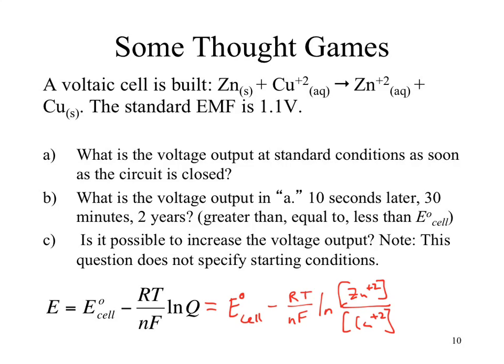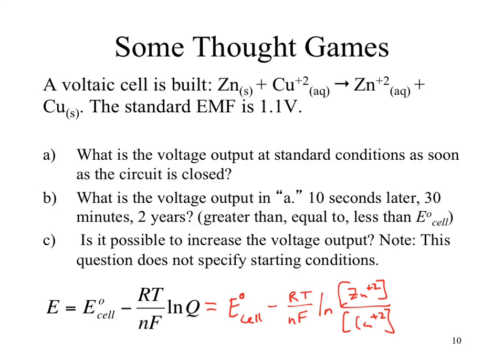Can we make the cell potential bigger than our standard conditions? Can E ever be greater than the standard cell conditions? We already looked at one option. What happened when Q was less than 1?